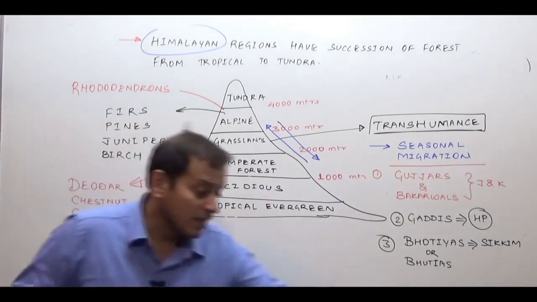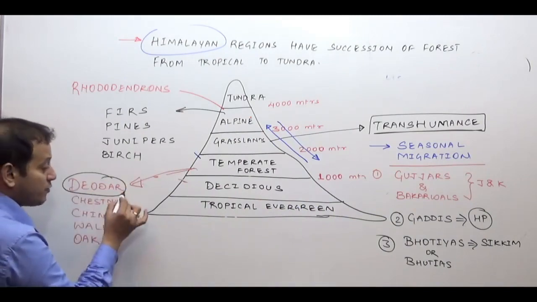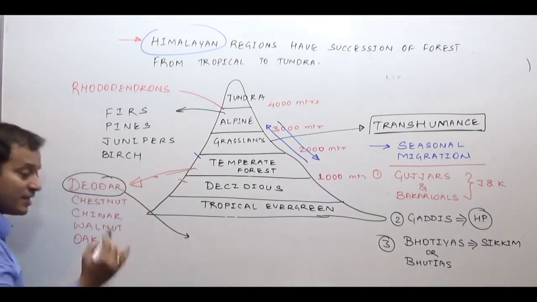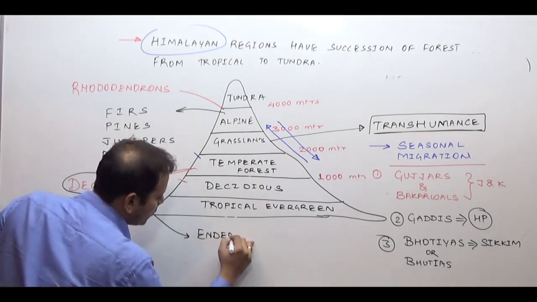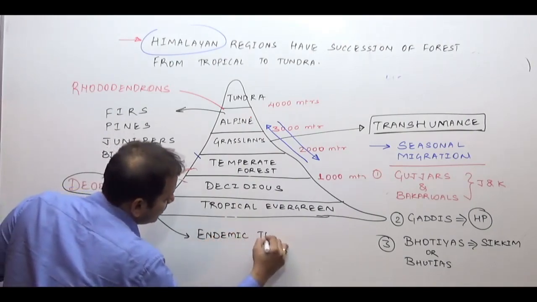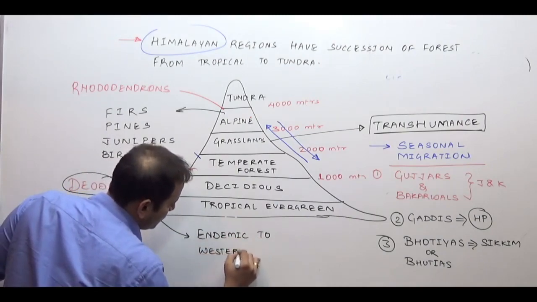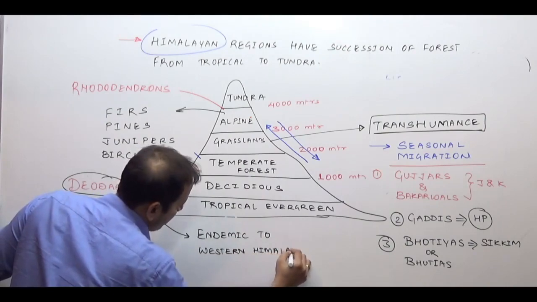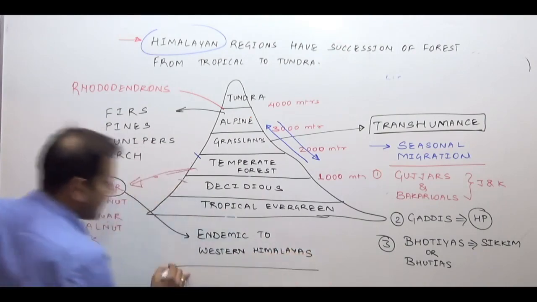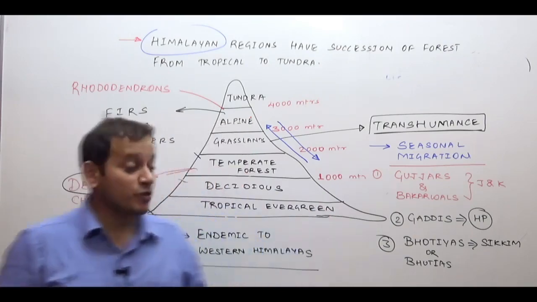Out of these, deodar is the species which is endemic, which originated in the Western Himalayas. Deodar is a species which is endemic to the Western Himalayas. So this is the beauty of the Himalayas.